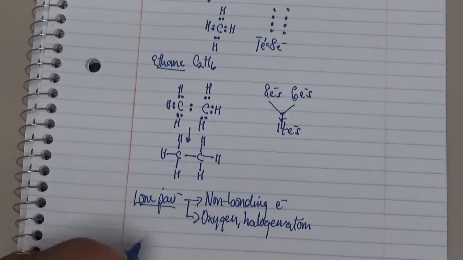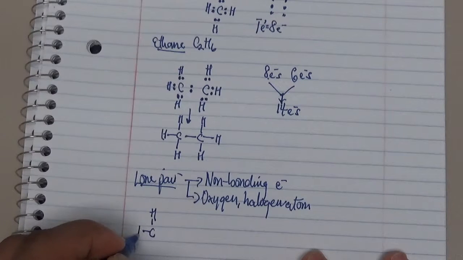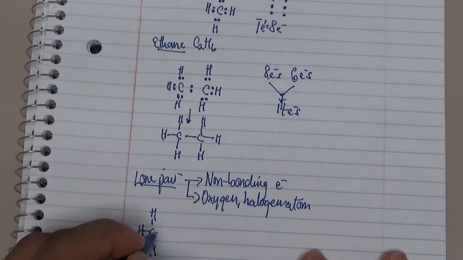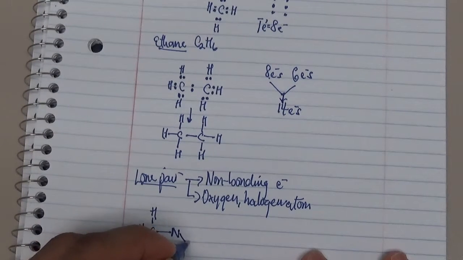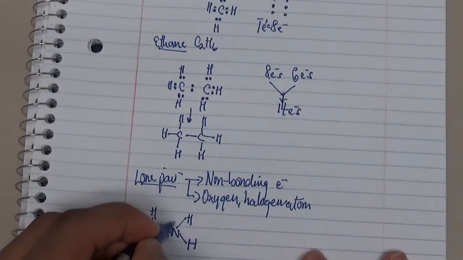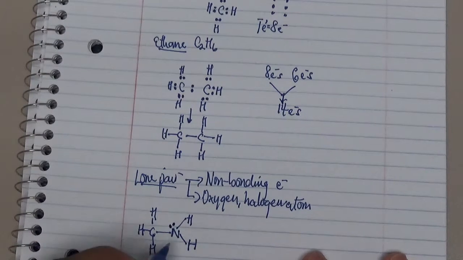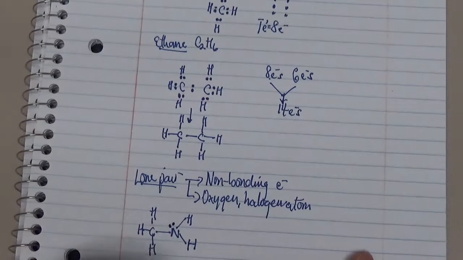But examples include methylamine. Methylamine in this case will have a lone pair on nitrogen, enough for it to become stable in its configuration.